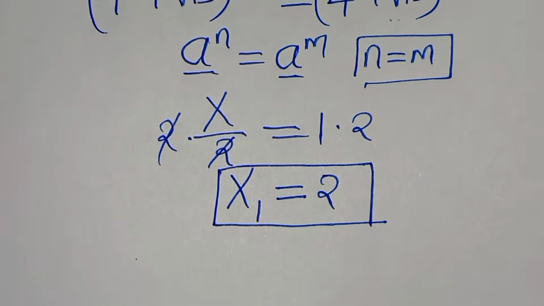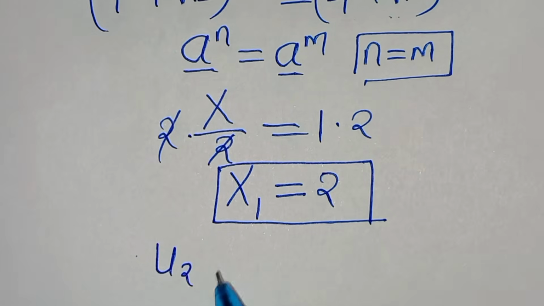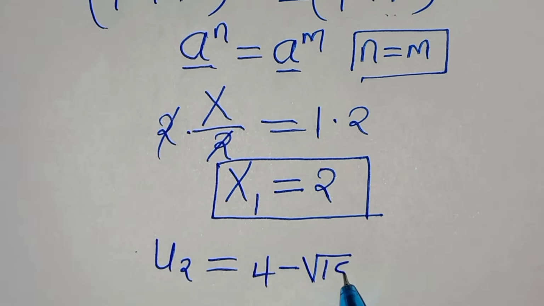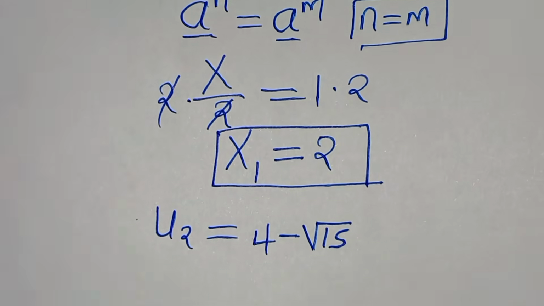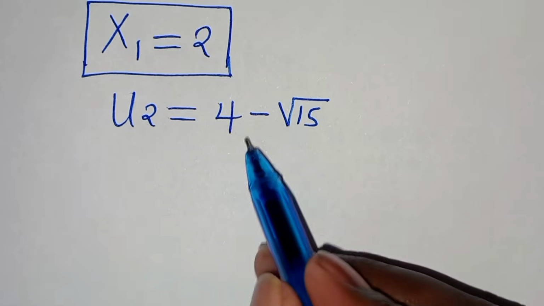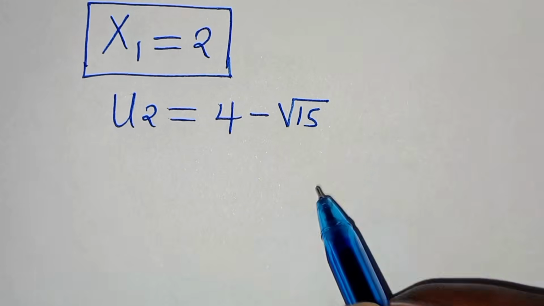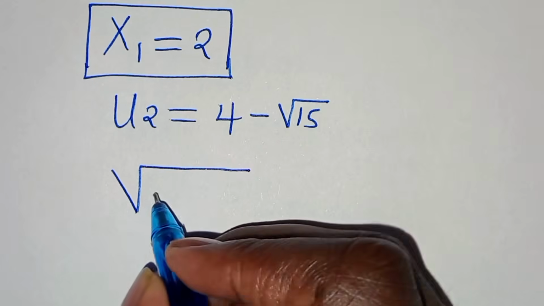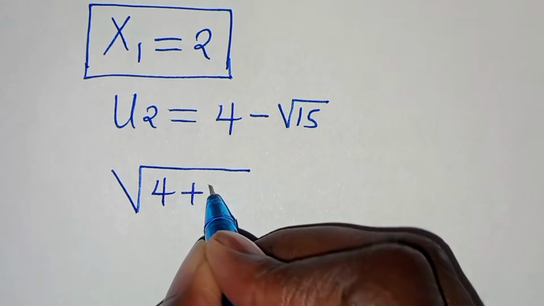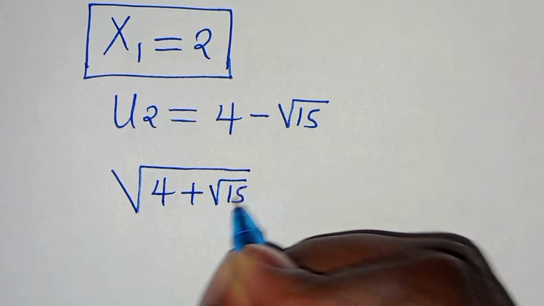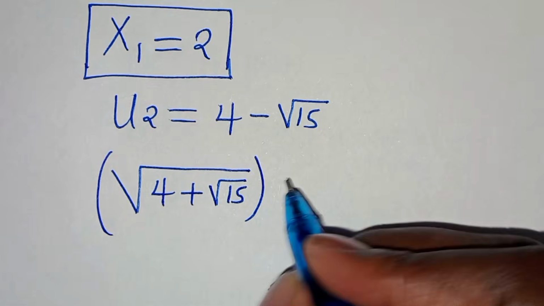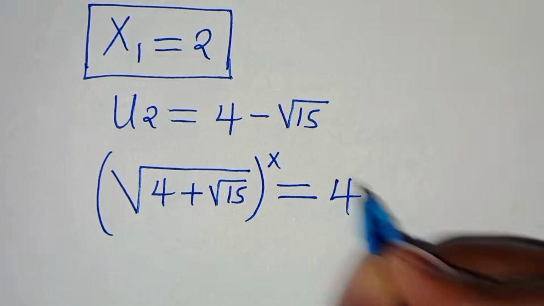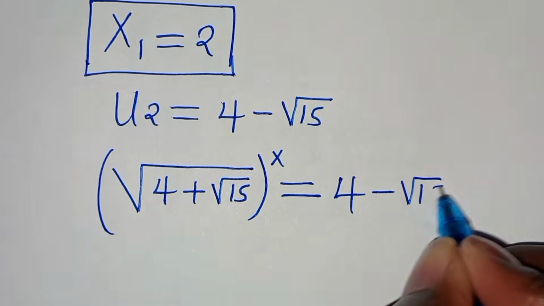Now, we have that u2 is equal to 4 minus square root of 15. And we have that the square root of 4 plus square root of 15 raised to the power of x is equal to 4 minus square root of 15.